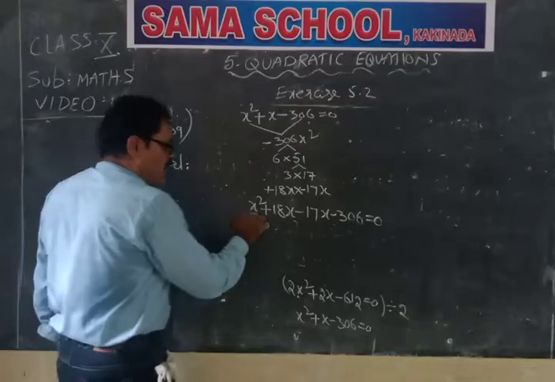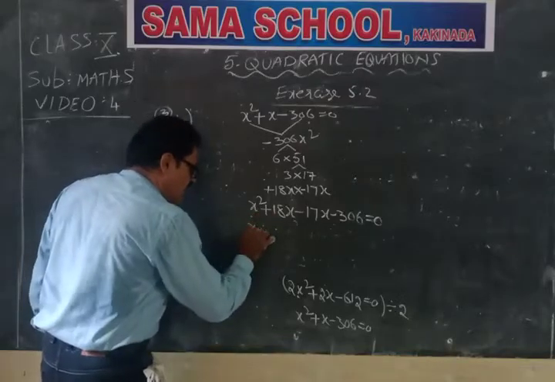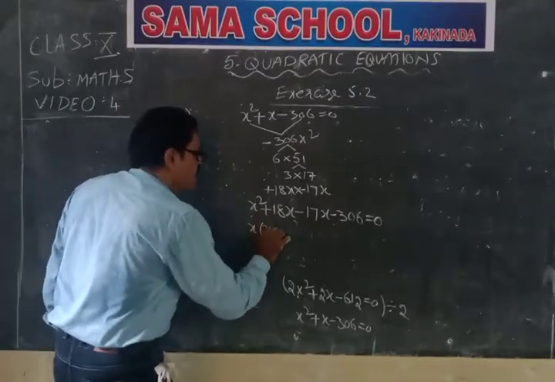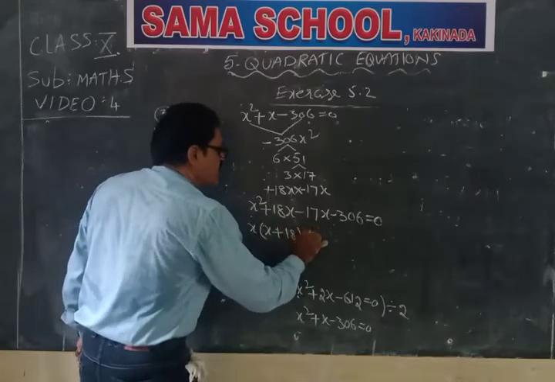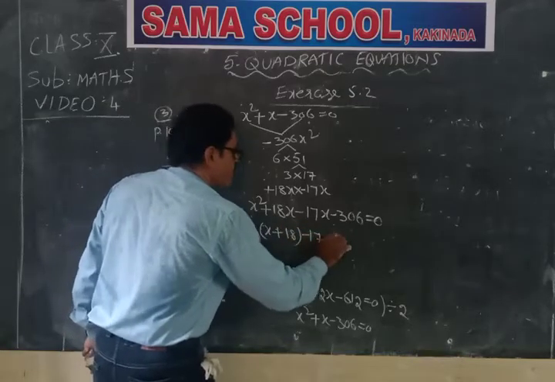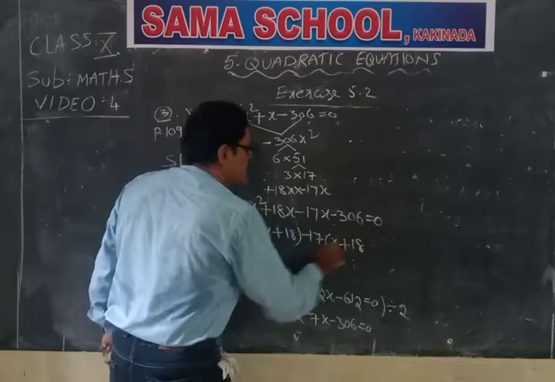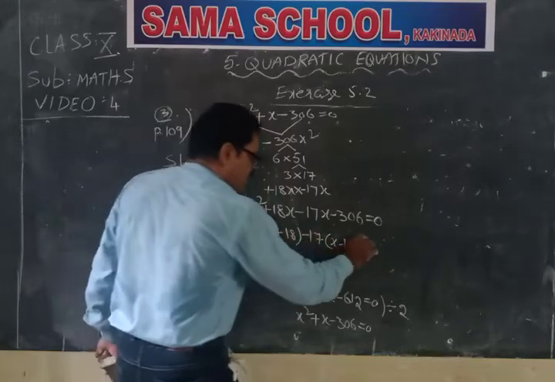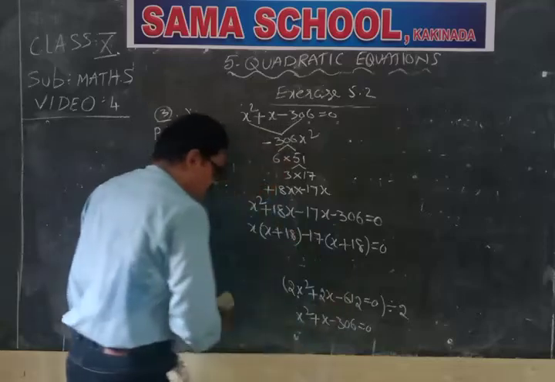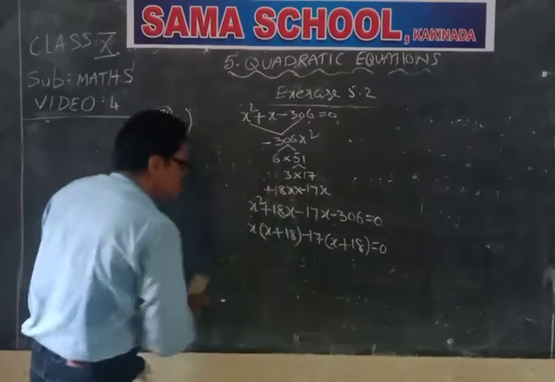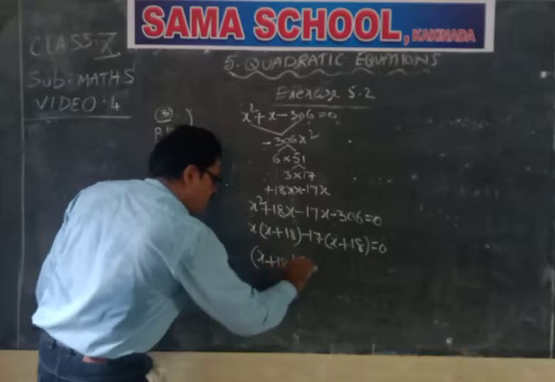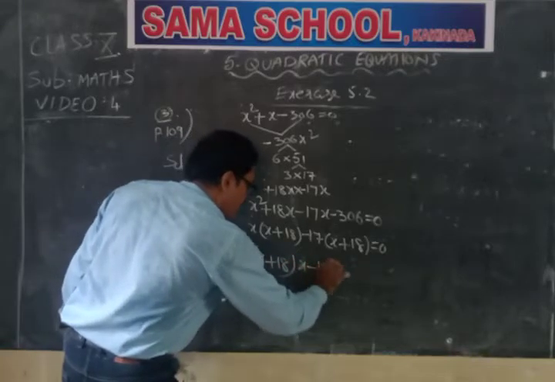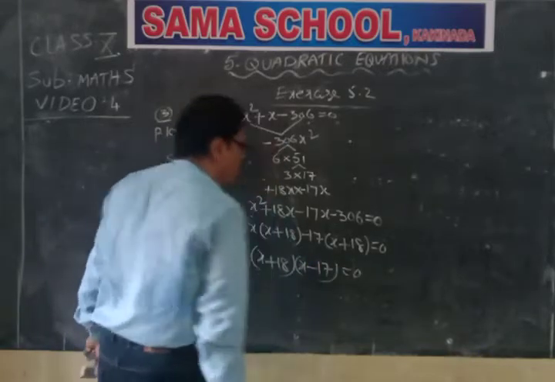Now in the first two terms x is common. x into (x plus 18). And in the next two terms minus 17 is common, minus 17 into (x plus 18). Here x plus 18 is common, and again here we get two linear factors. (x plus 18) into (x minus 17) is equal to 0.